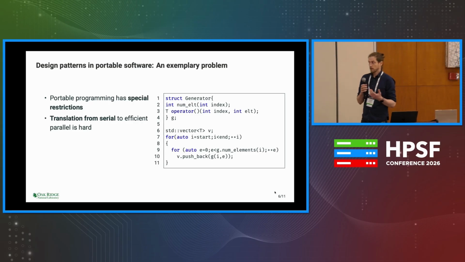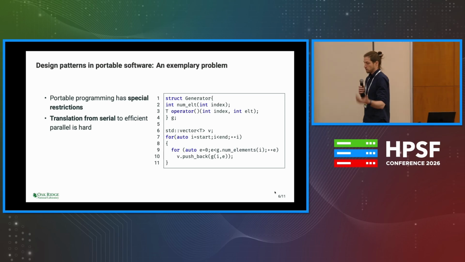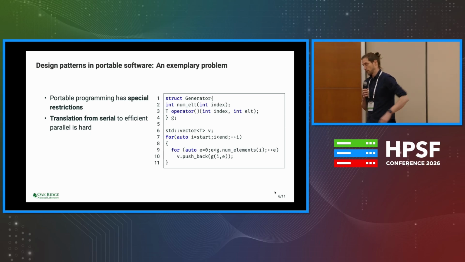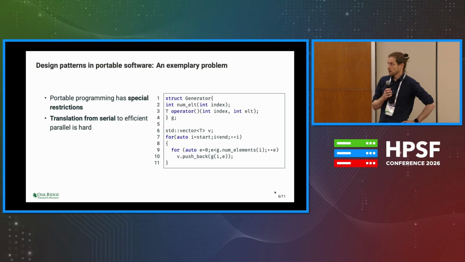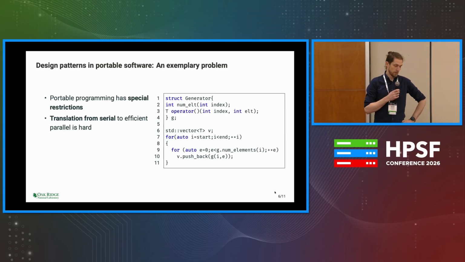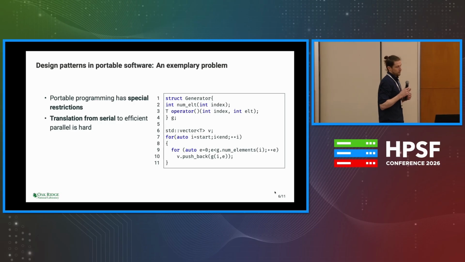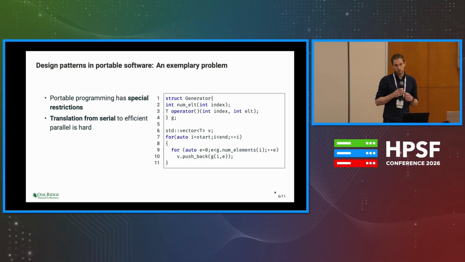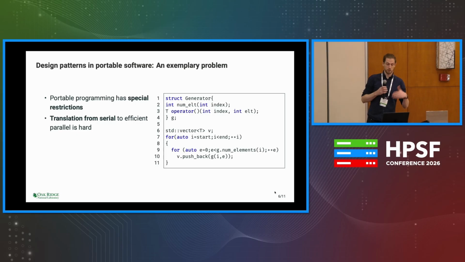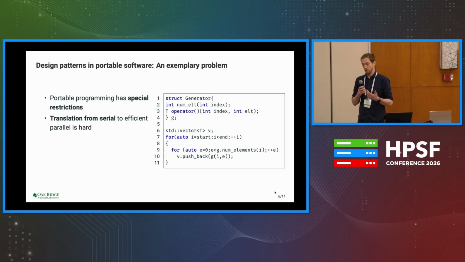And the second thing is, if I give you a pattern and tell you it's good for portable programming, it should do a clever thing. It should not just say, okay, I'm going to send all my threads but one into a wait, and then I just do a serial. That's not a good pattern.